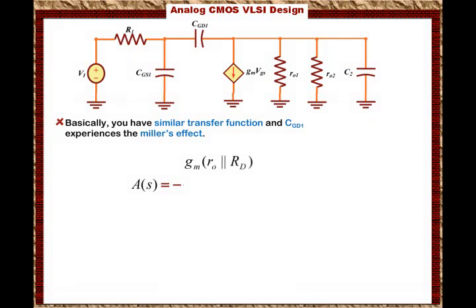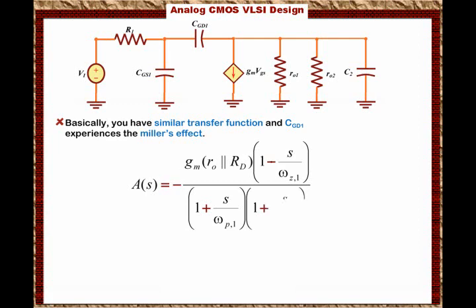This is basically the intermediate frequency gain or the DC gain, times 1 minus S over omega Z1 over 1 plus S over omega P1 times 1 plus S over omega P2. So basically we have a 0 and 2 poles, and now let us tell you what each one is.